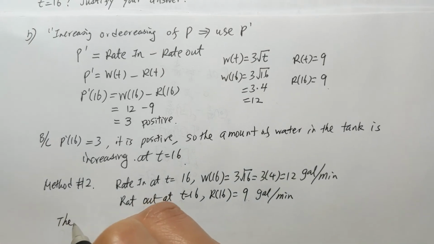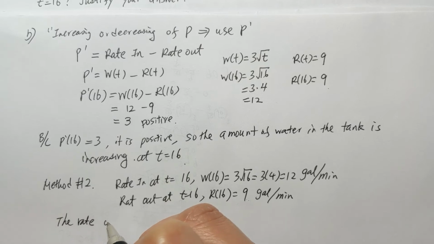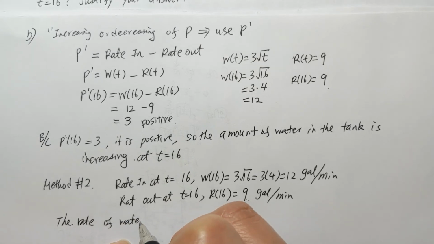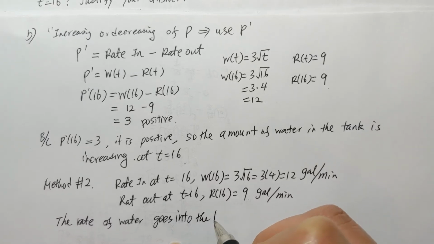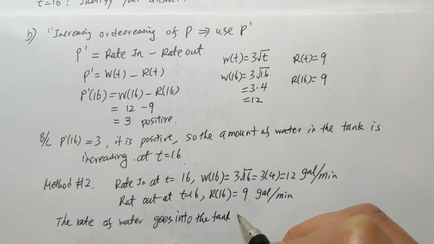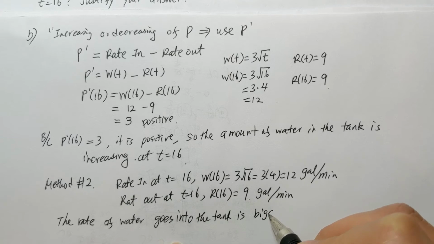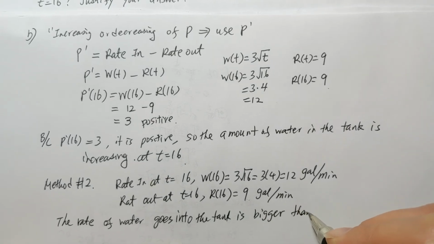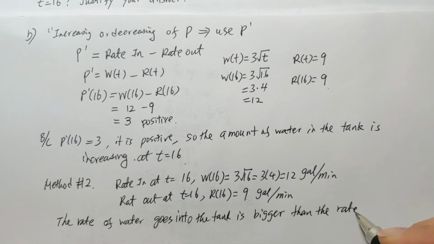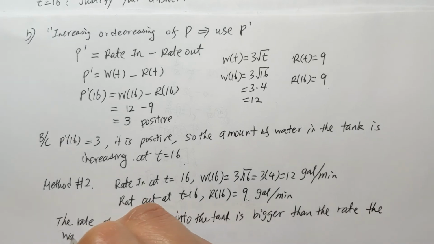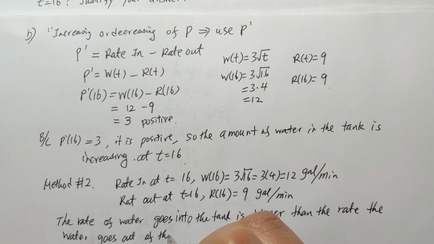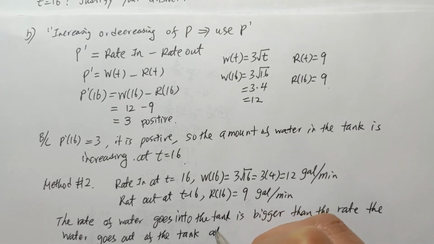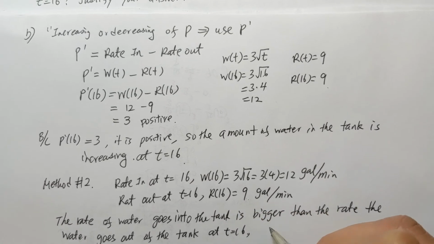So the rate of water going into the tank is bigger than the rate the water goes out of the tank at t equals 16.